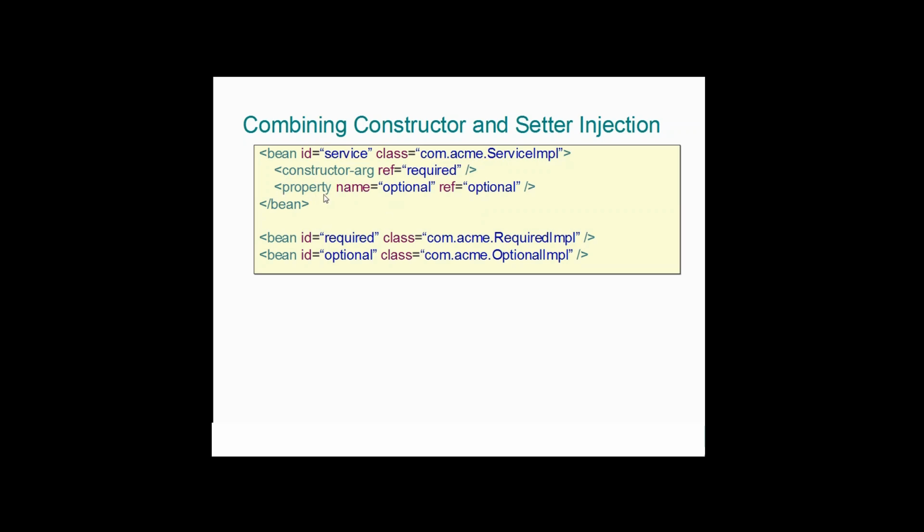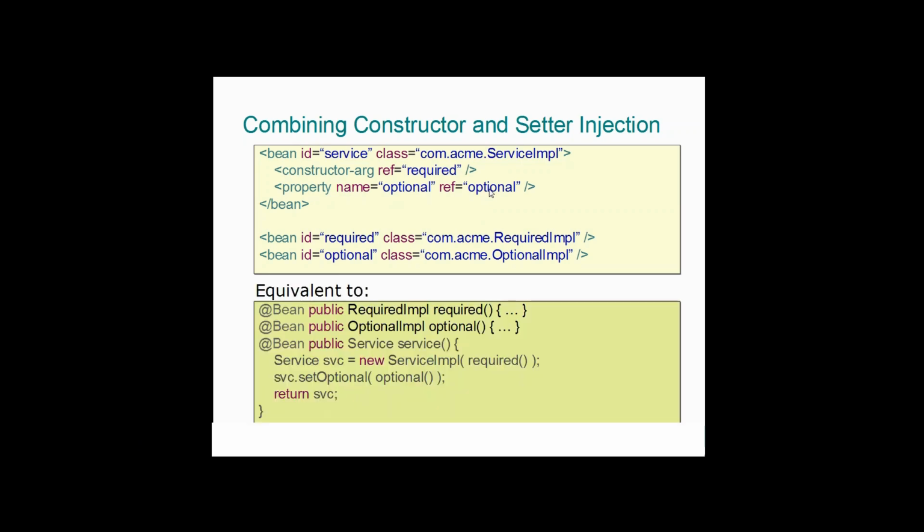I use property with a name, setOptional, and this optional bean gets injected. You can mix and match both. It is just about how the object is getting created. So the service is created with constructor dependency injection plus setOptional, and the optional object's method will be called and the optional implementation injected.